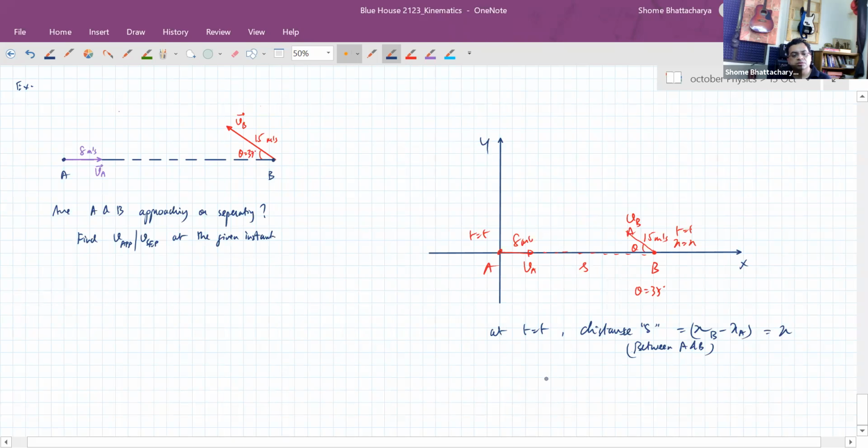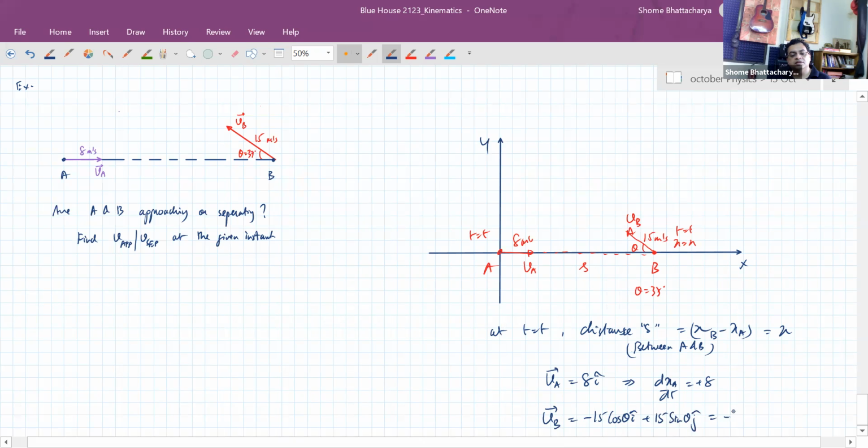Okay. Now what is happening is that VA is equal to 8 i cap. That means A's x coordinate is increasing at the rate of plus 8. And VB is equal to minus 15 cos theta i cap plus 15 sin theta j cap.